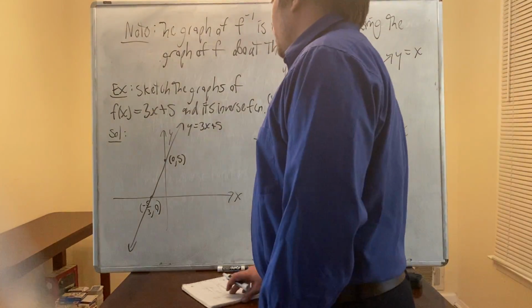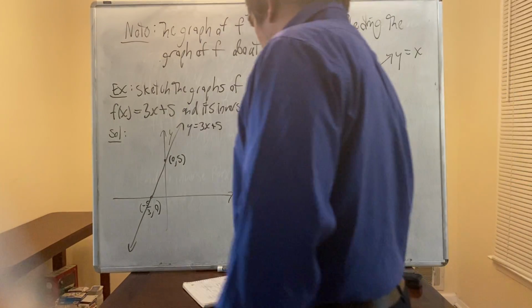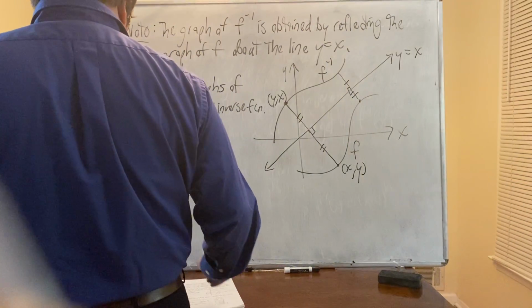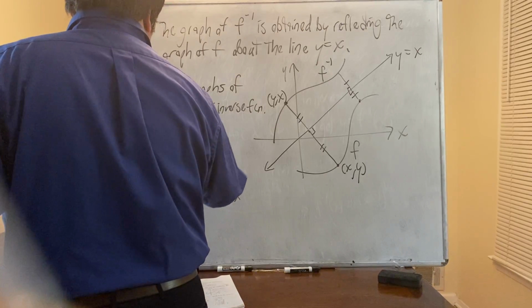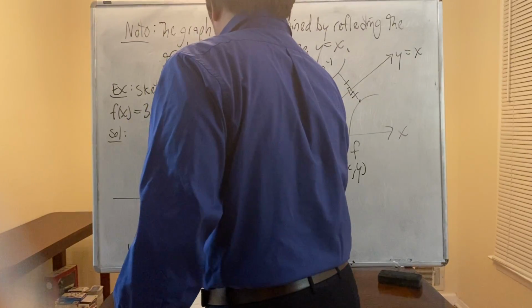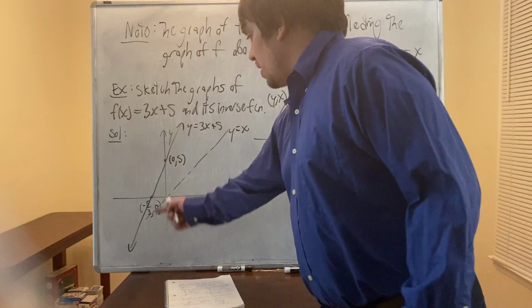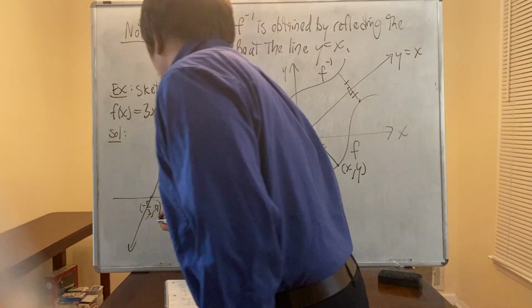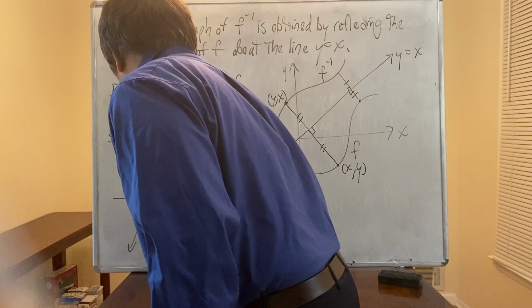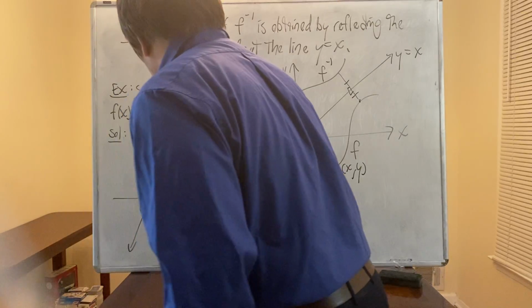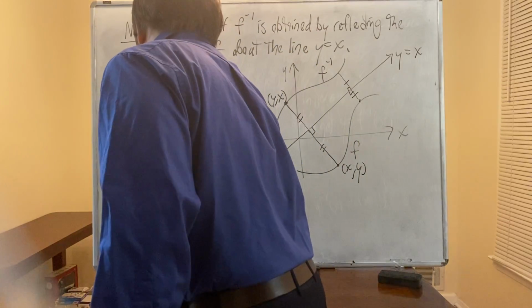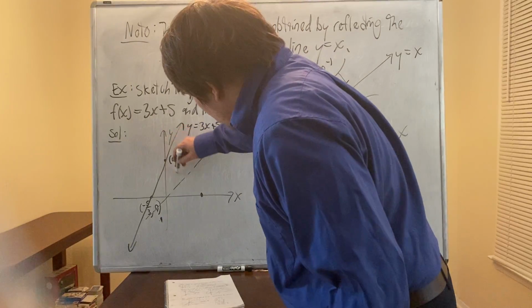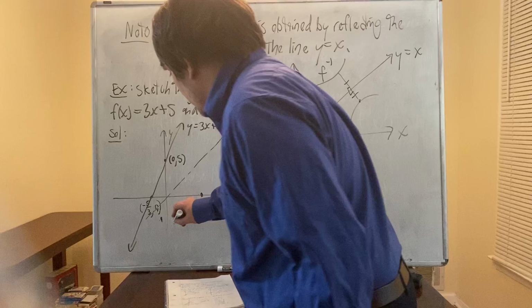Okay, and then we want to sketch its inverse function. To graph its inverse function, take the line y equals x, and reflect the graph about y equals x. I'm going to reflect 2 points about that line. I'm going to reflect this point about the line, and it will go here.